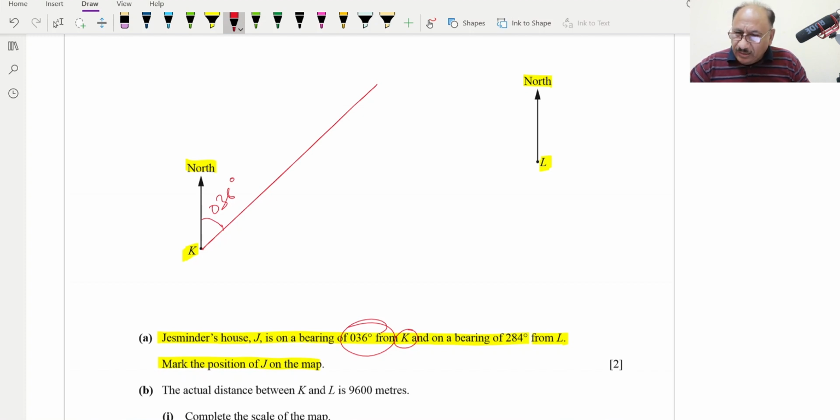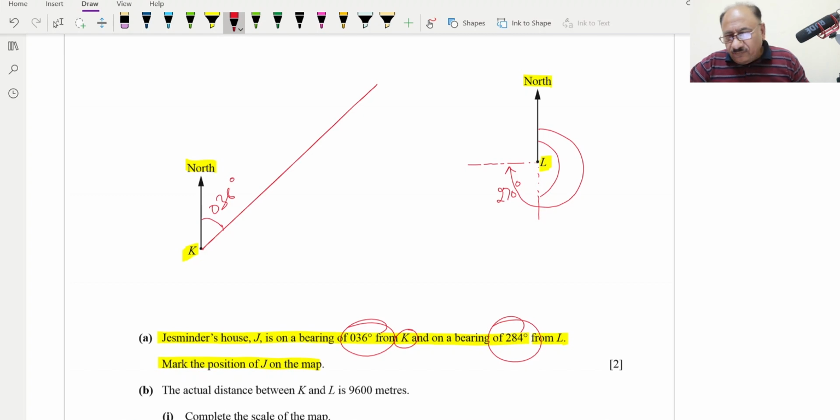Next is 284 from L. If we check, this angle will be 180, and the angle to this side will be 270. So the angle from here up to this one is 270, but we require 284.